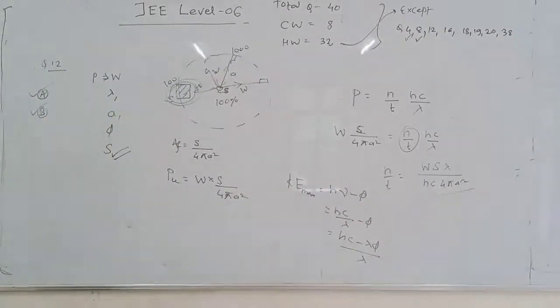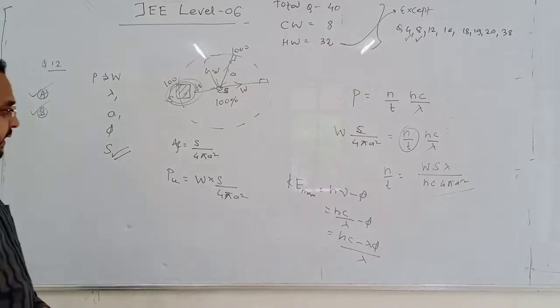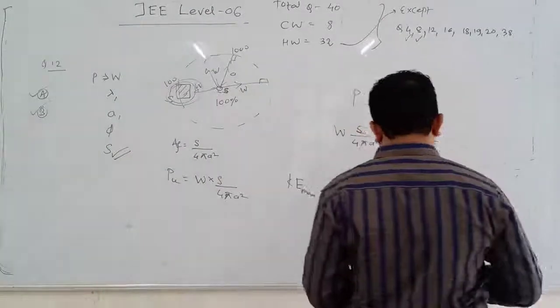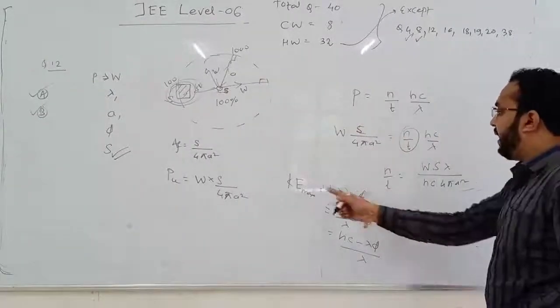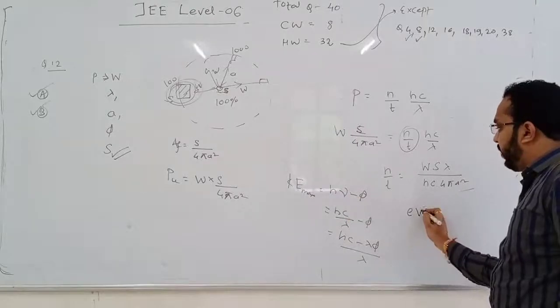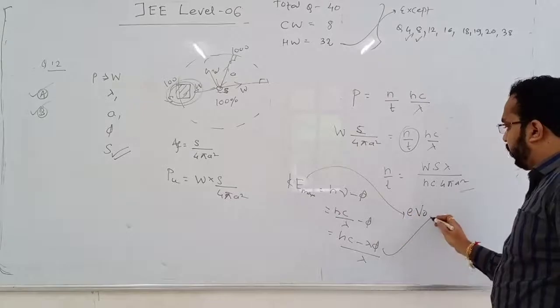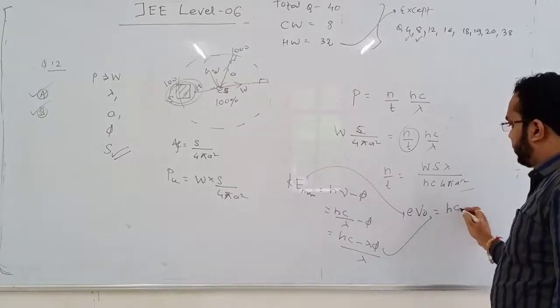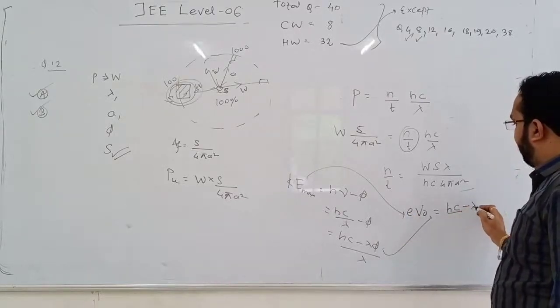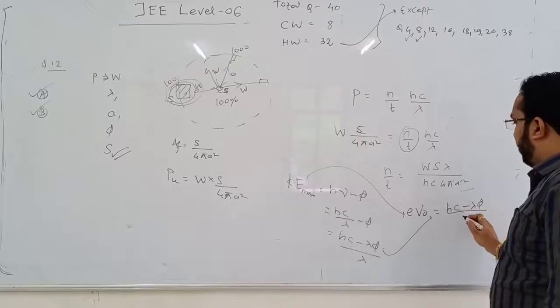Option C: the stopping potential needed to stop the most energetic emitted photoelectron. Here the kinetic energy can be written as e V naught, which is equal to (hc minus lambda phi) upon lambda.